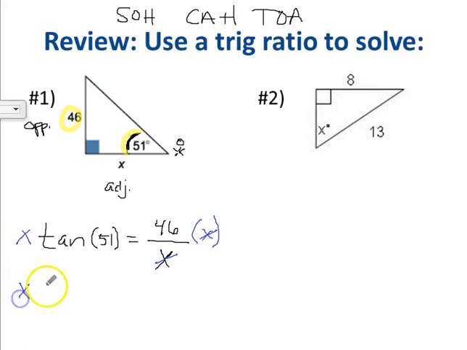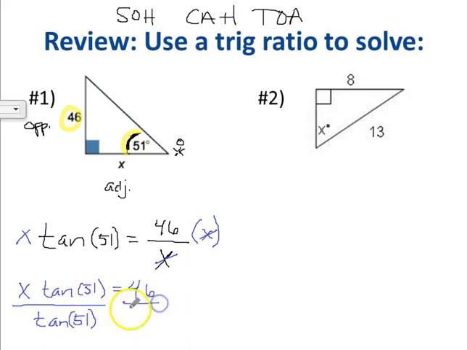Now I've got x times tangent 51 equals 46. Right now x is being multiplied by tangent 51, and the opposite of multiplying is dividing. So to solve for x, I'm going to divide each side by tangent 51. What do I get? I'm going to let my calculator do the work.